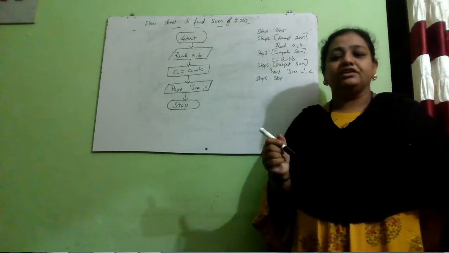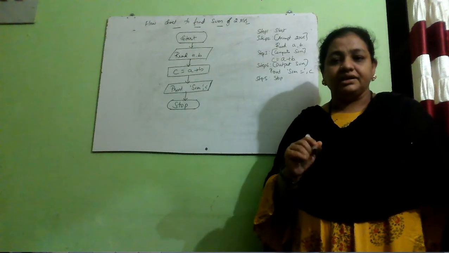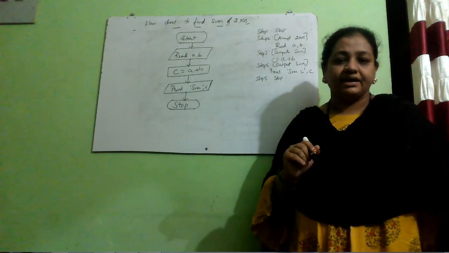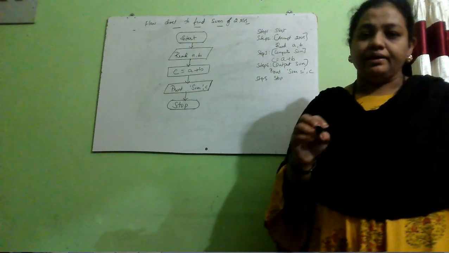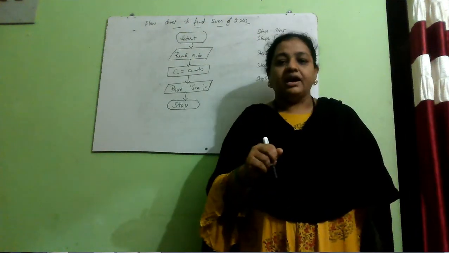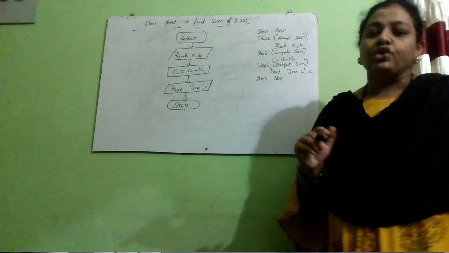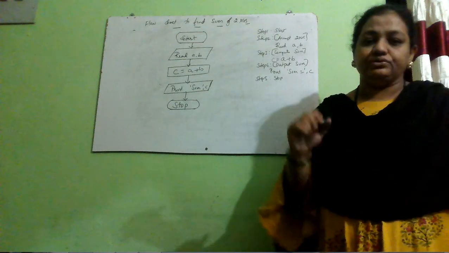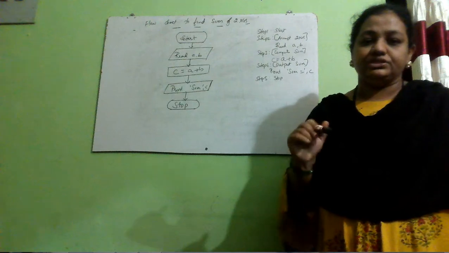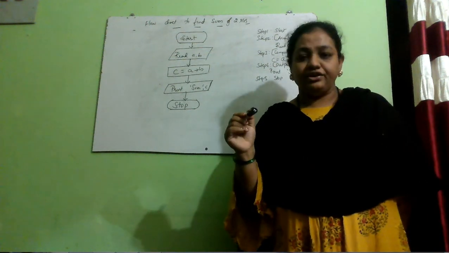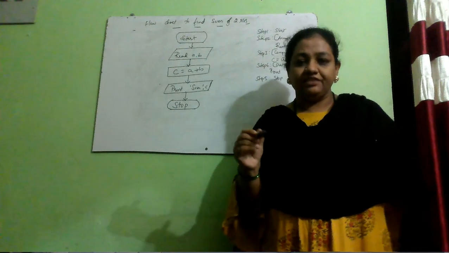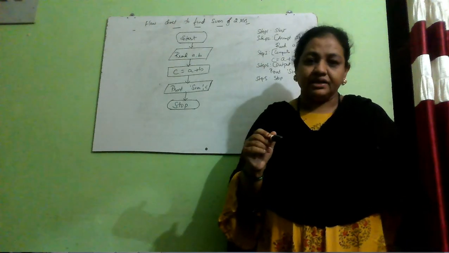Now, after computing, the next step is to output the result. As I told earlier, output, print, write. All these three represent the output statement. If there is any output statement in the algorithm, that will be represented using a parallelogram.